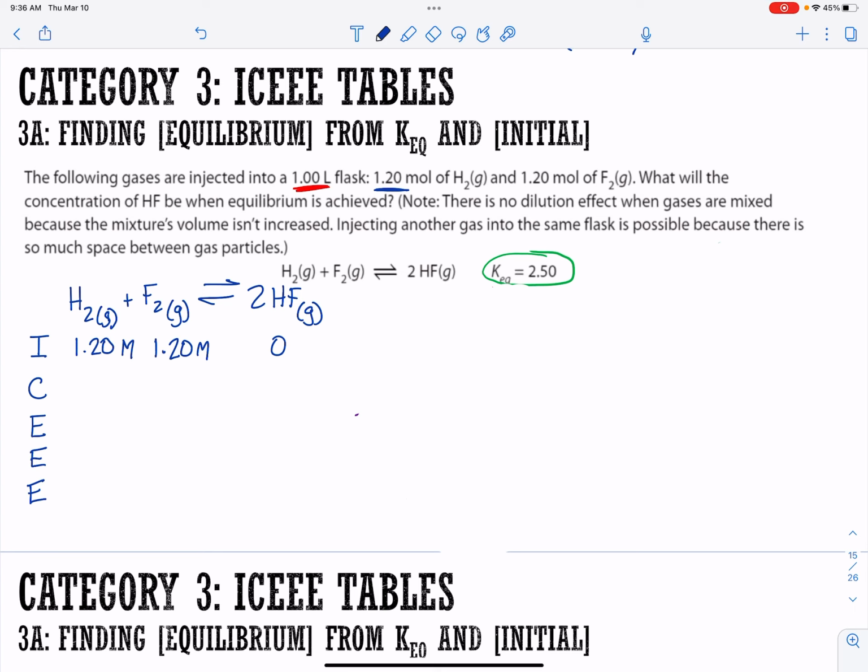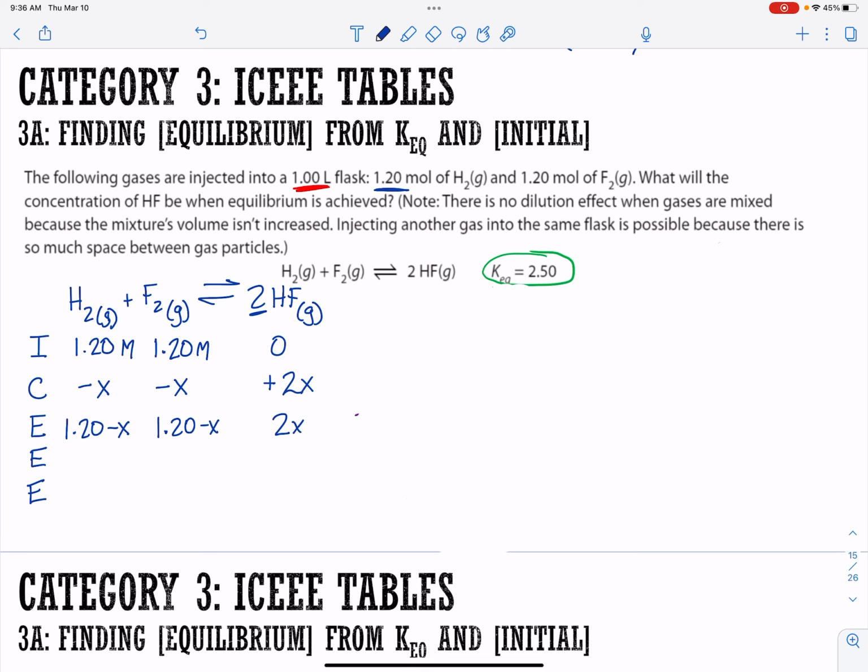So we know that those reactants are going to be used up, and they're in a 1-to-1 ratio. So at the change, I'm going to show that these both go down by x, and the HF is going up by 2x because of that 2 coefficient. So at equilibrium, I'm going to have 1.20 minus x, 1.20 minus x, and this is going to be 2x.